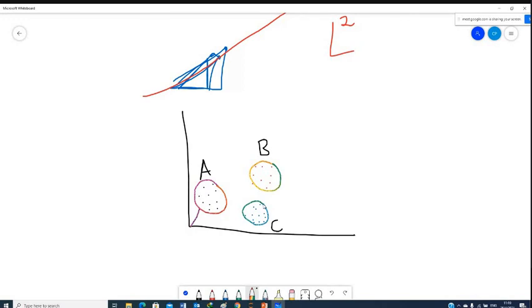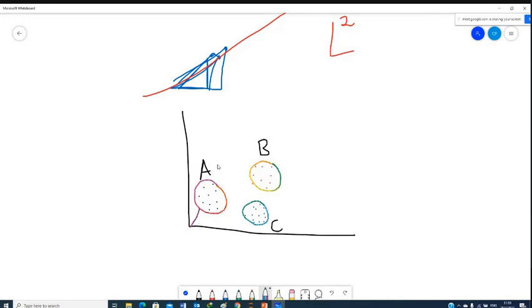I can draw a circle around all the different points which are closely together, and with that we've identified three clusters. What I can then do is create what we call a decision boundary that separates the three clusters.